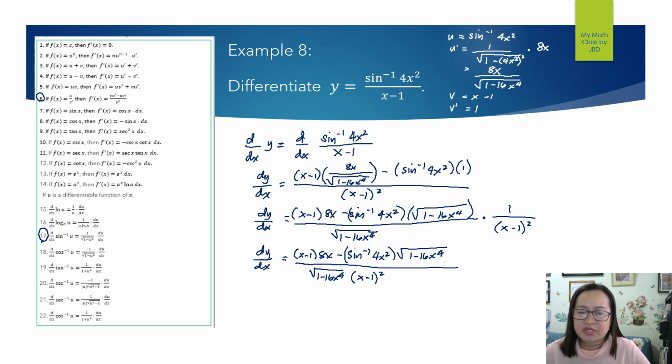Now the problem is we have a radical sign in the denominator. So in order to remove this, we have to multiply both the numerator and the denominator by the square root of 1 minus 16x to the fourth power.